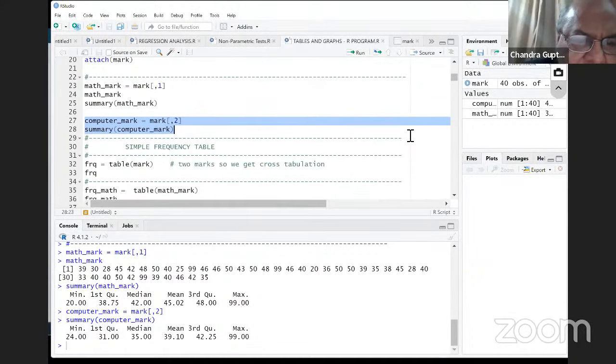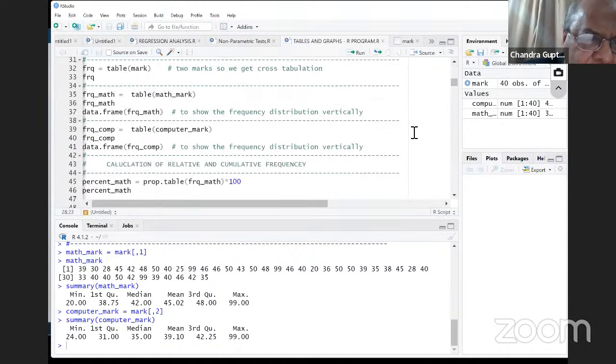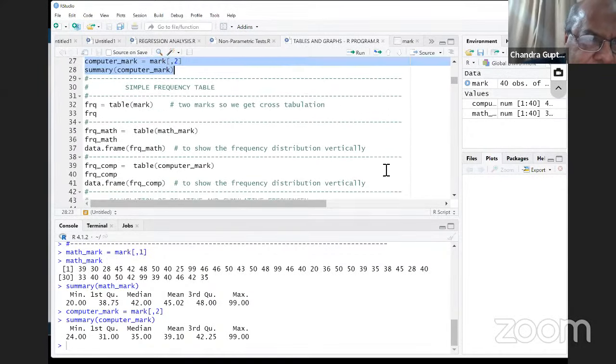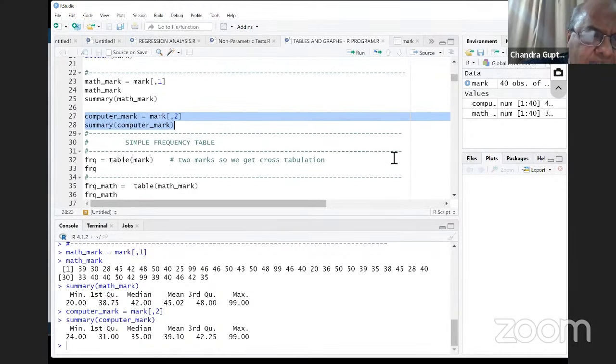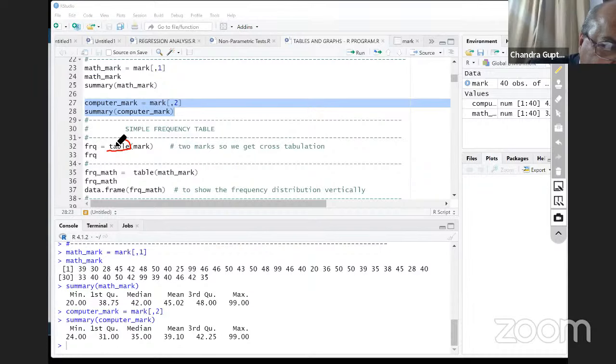Okay, then let's make a simple frequency table. And the command is very simple, table. I store it and then I can see it here.